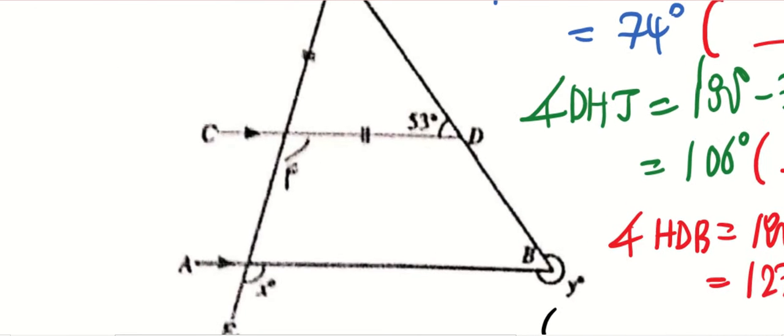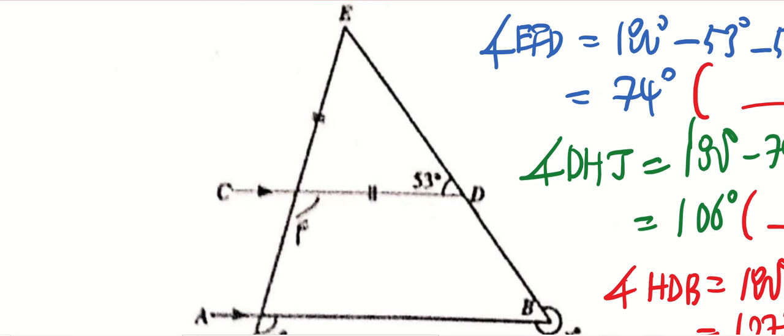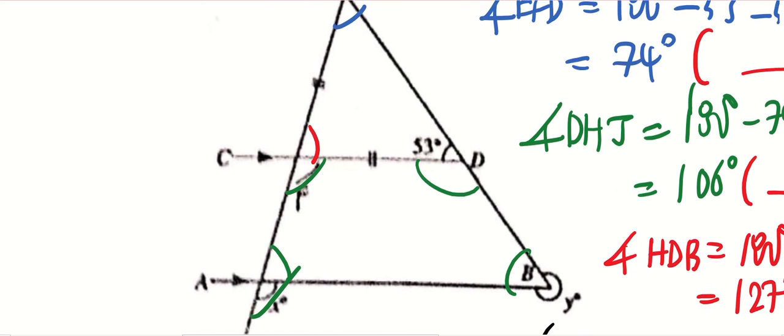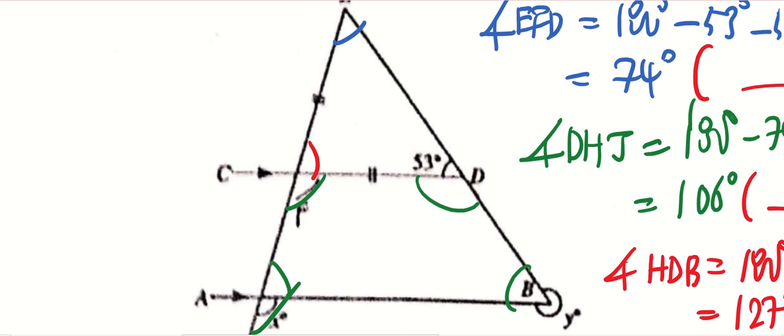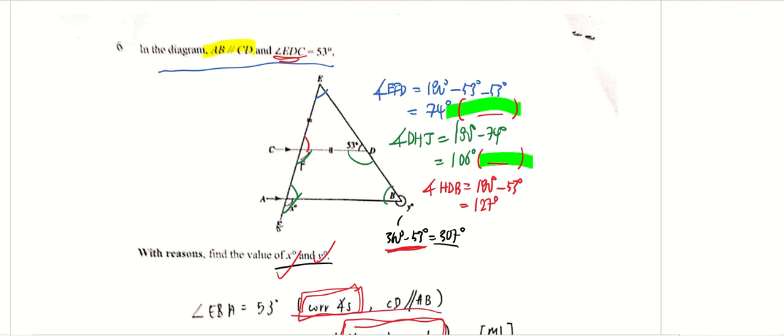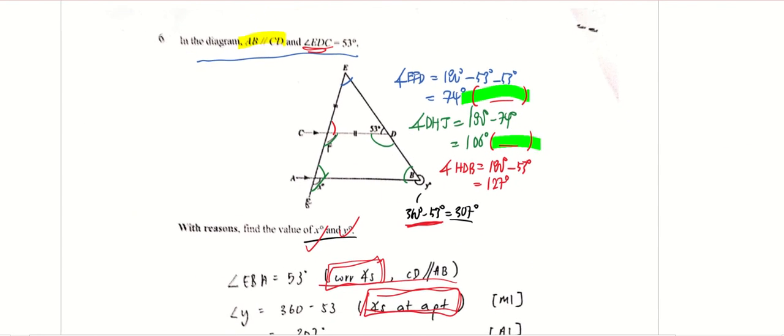The next thing is I will go straight into the diagram and calculate all the angles that I can calculate. Once I'm done, if I can find all these angles, all my questions should be answered already. Then the only difference is later you need to fill in the reasons. Done. I hope this explanation is clear enough.